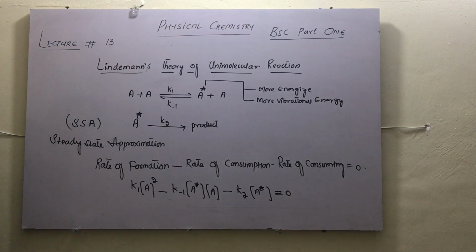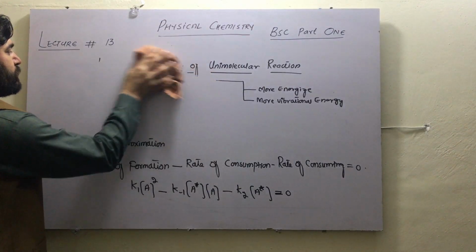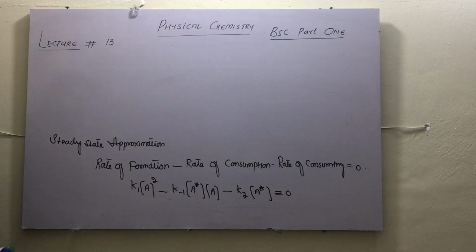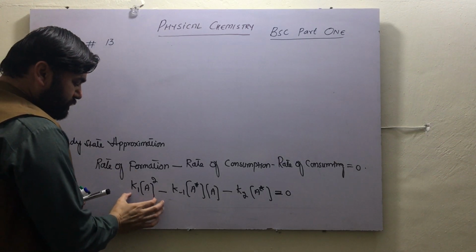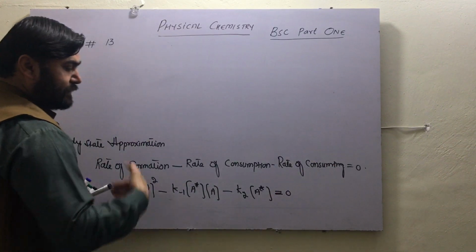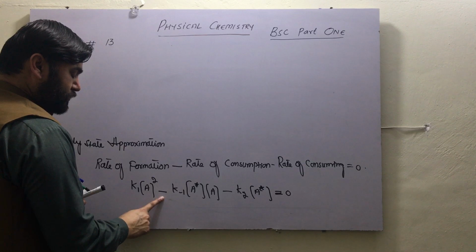Now let's continue it. Let me remove from the upper portion. Now see, you have to remove this and take the remaining part to the other side of the 0. So this will become plus and this will also become plus.